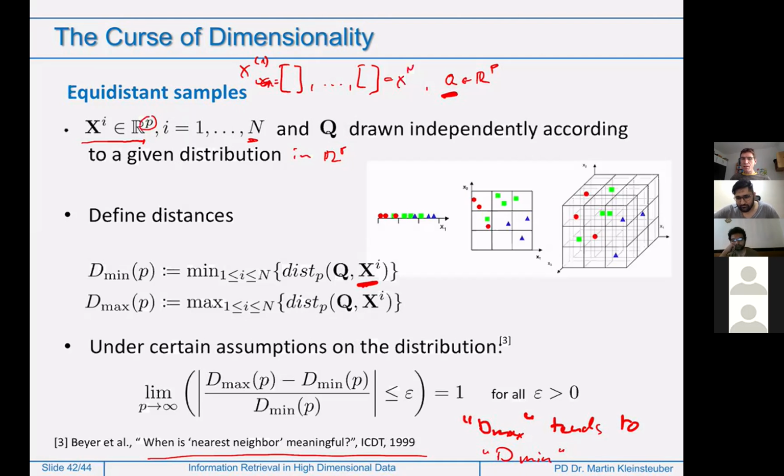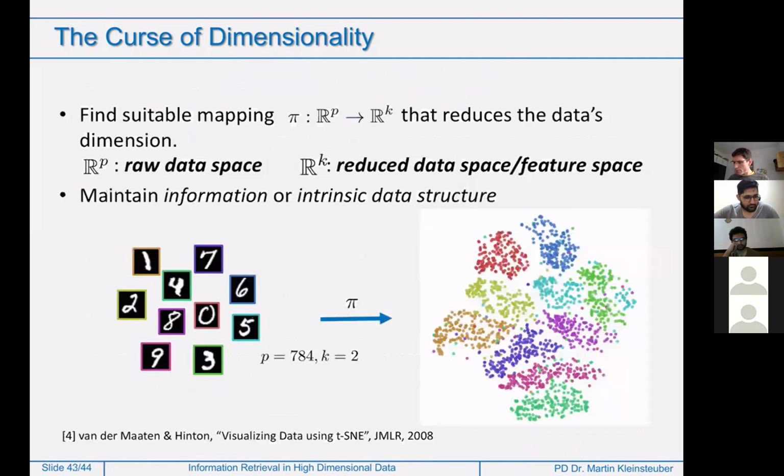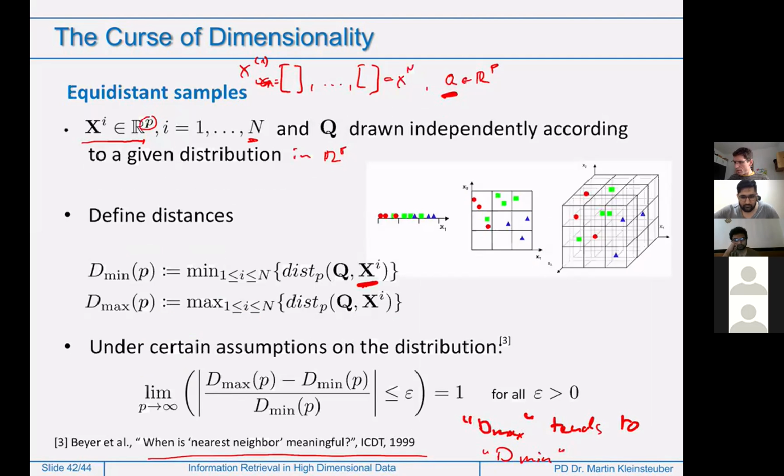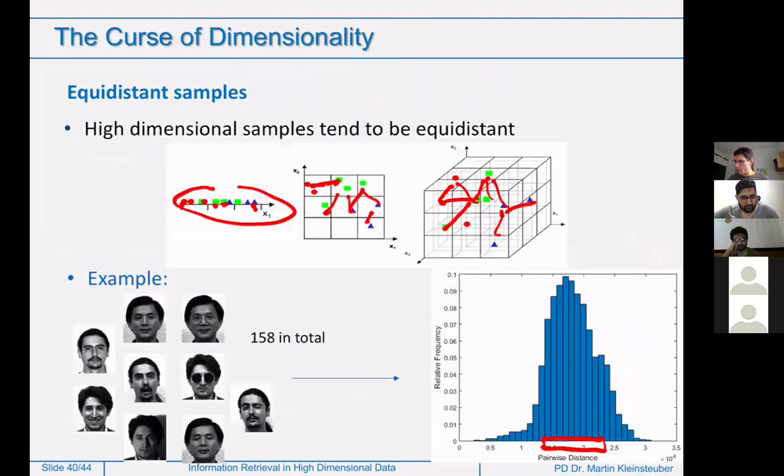The max and the min become nearly equal in high dimension data. Why is the limit as p goes to infinity equal to 1 and not 0? Slide 42. Okay.